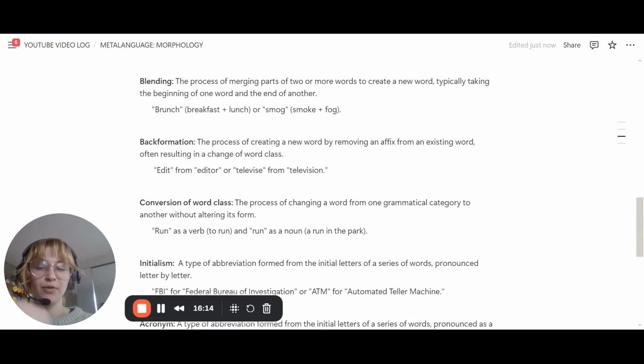So, for example, I would have thought we had the word edit first, and then we created editor by adding the OR suffix. But with etymology, the history of how this word was made, we can see that in actual fact we had editor first, and then we created edit. So it's back formation, meaning backwards to the way that you would expect.